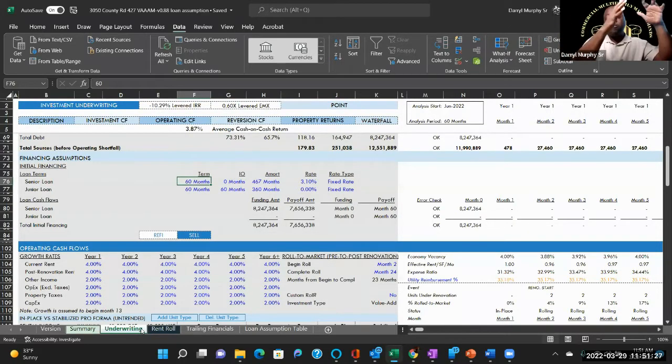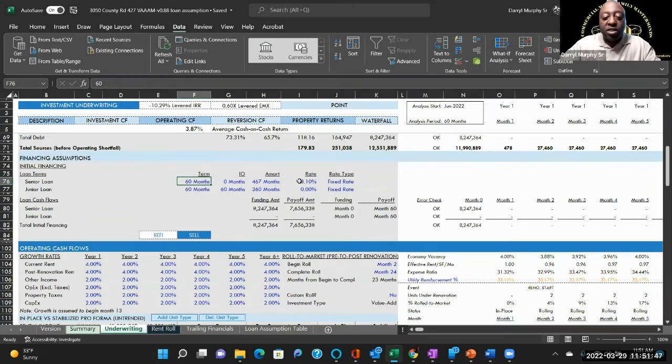You're going to underwrite for how long you're going to hold it, but your mortgage payment is still going to be what your mortgage payment is, okay? You're just holding it for 5 years because you're trying to see what the numbers look like, okay?